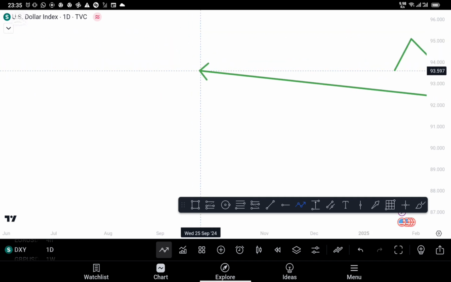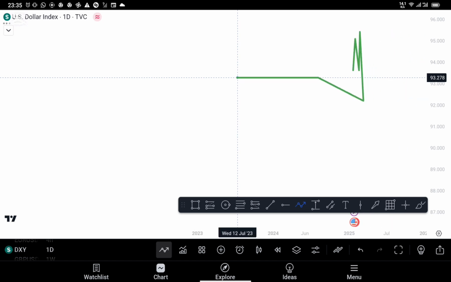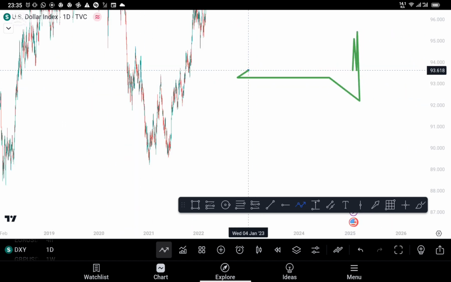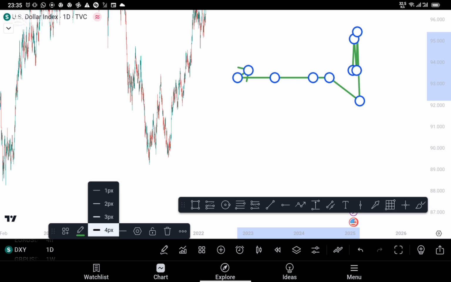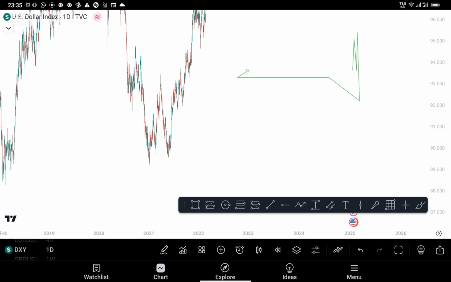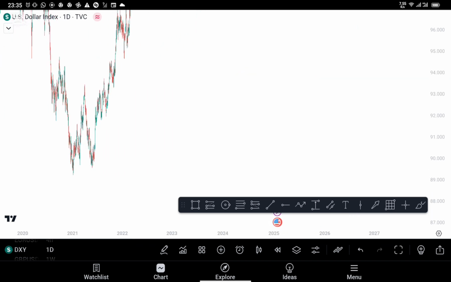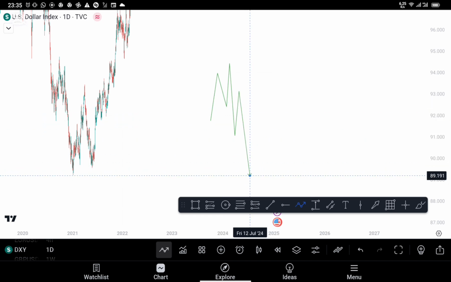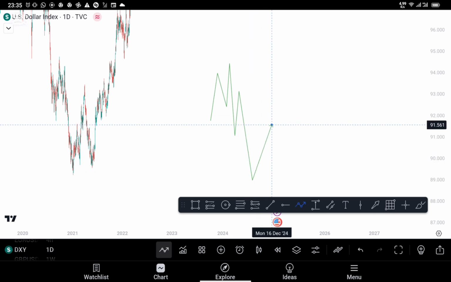We're balancing. A model like this, a continuation model. This is a high. We're rebalancing an imbalance here, and then we break the low once more.